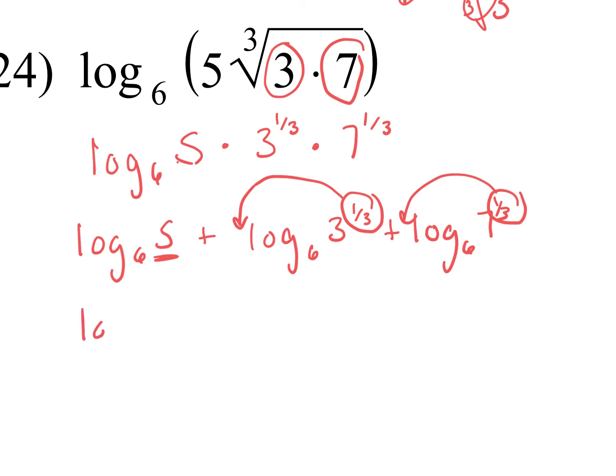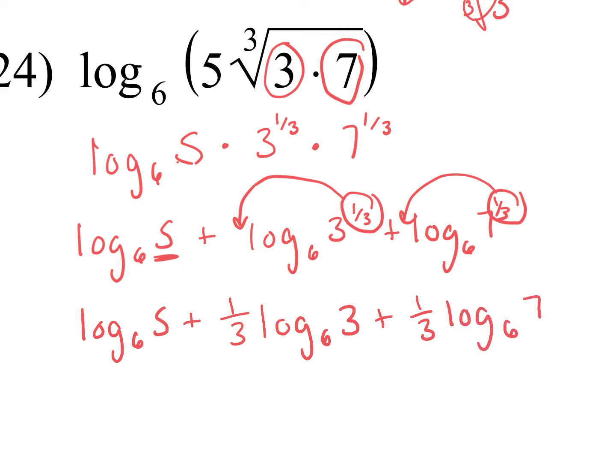So here we have log base 6 of 5 plus 1/3 log base 6 of 3 plus 1/3 log base 6 of 7. So notice how each log just has one number behind it. So log base 6 of 5, log base 6 of 3, log base 6 of 7. That's our goal, is to just have one term behind each log.